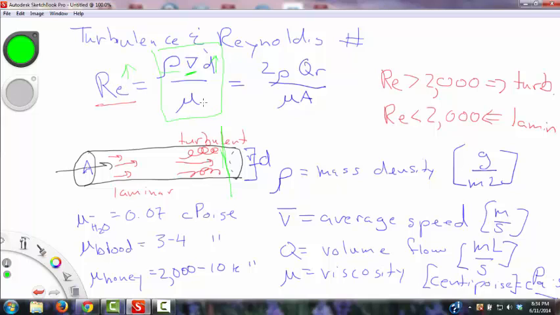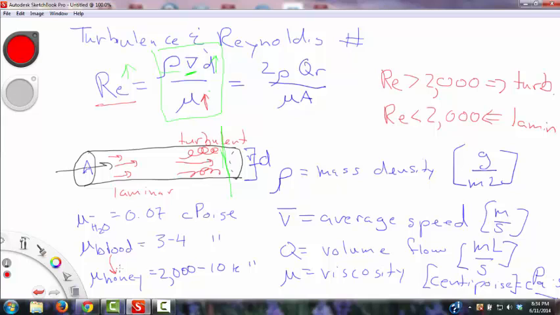All right. The last thing is mu. What happens if the viscosity goes up or down? Just take a minute and think about that. What happens to the Reynolds number? Let's say for a second that the viscosity goes up. Why would the viscosity go up? Remember, viscosity going up means blood looks more like honey, less like water.